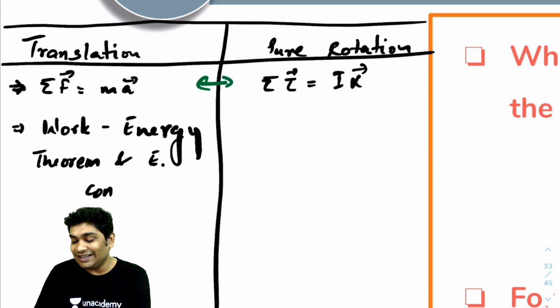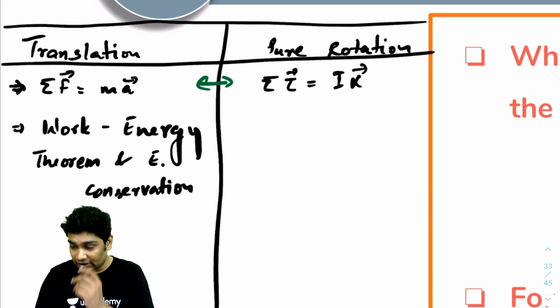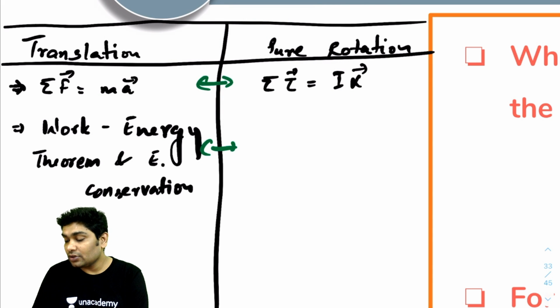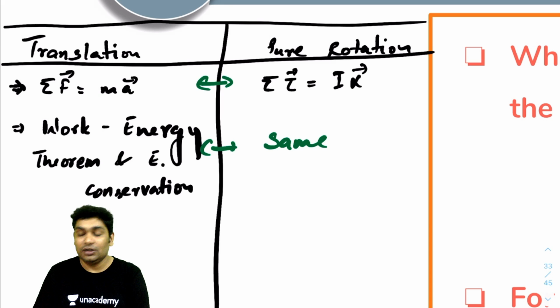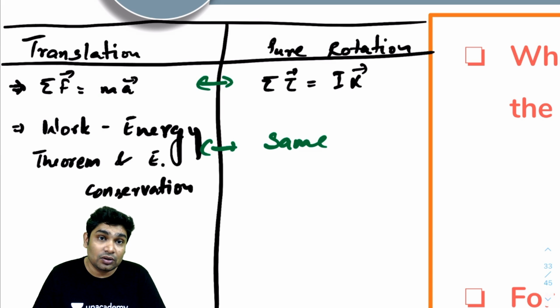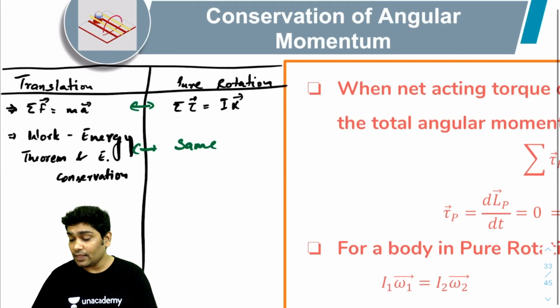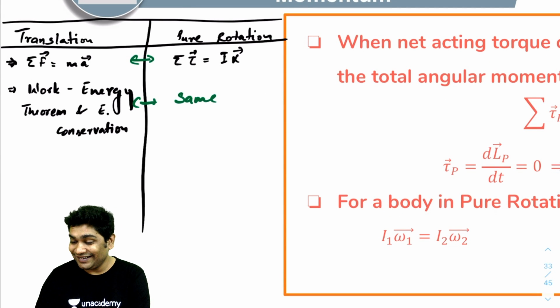Now you have the exact same tools here. You have exactly those tools here. We will discuss about those also. So you have same tools here. You can apply work energy theorem here also, and you can apply energy conservation here also. Again, we will take a closer look on that, don't worry.